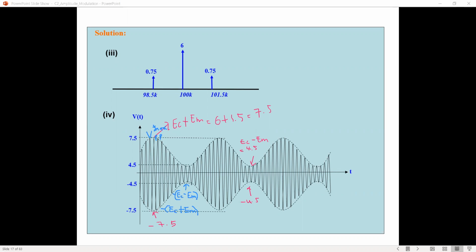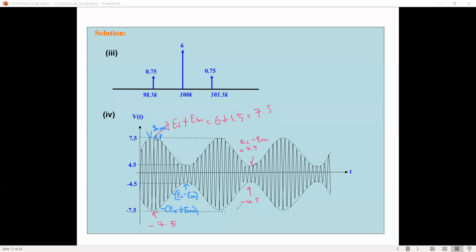Vmax negative is minus EC plus EM, and Vmin negative is minus EC minus EM. Up here is EC minus EM. The negative one is just inverted, with a negative sign, so it's minus EC minus EM.